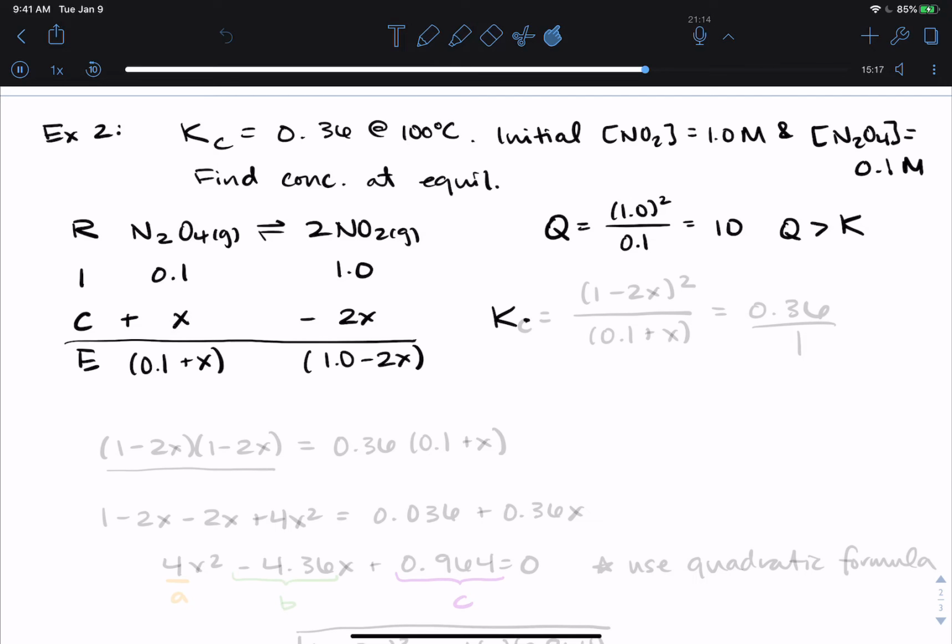All of this will get substituted into my equilibrium constant expression. So in the top, it's going to be (1 minus 2x) squared. In the bottom, 0.1 plus x, equals 0.36.